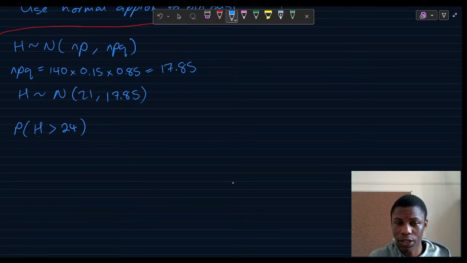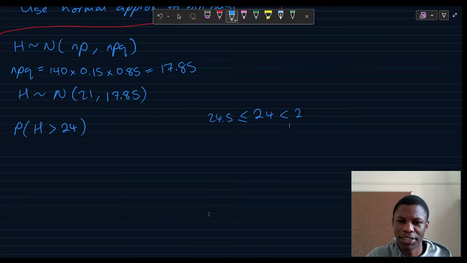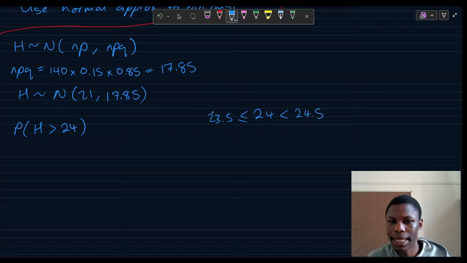The way I like to think about continuity correction is that when we think of 24 as being a continuous number, it's representing any number within an interval.